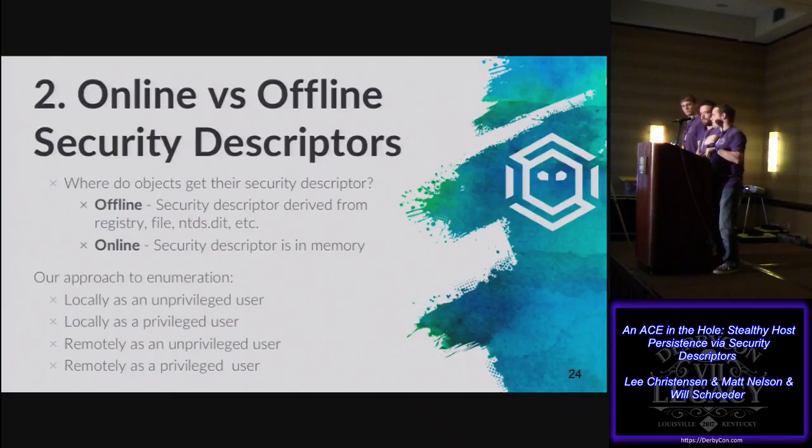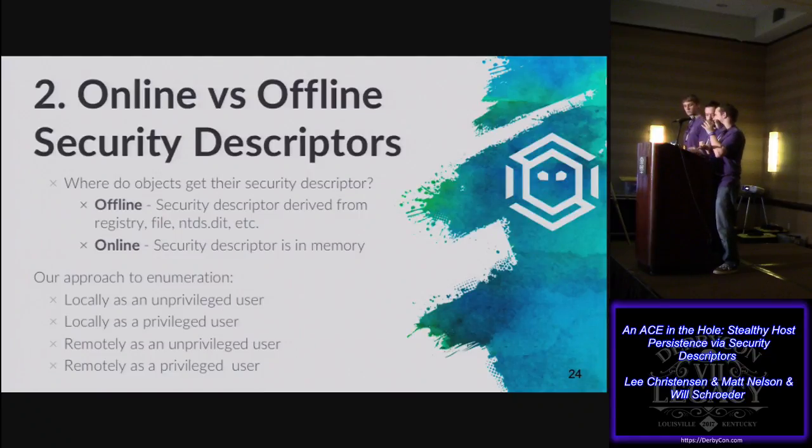And as an attacker, you could also modify the online security descriptor. So if I compromise a host, if I want that security descriptor tampering to persist across reboots, I want to modify it offline. That way when it reboots next time, it's going to read that same configuration.